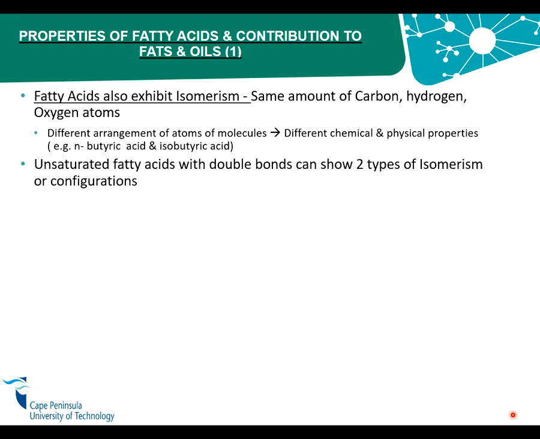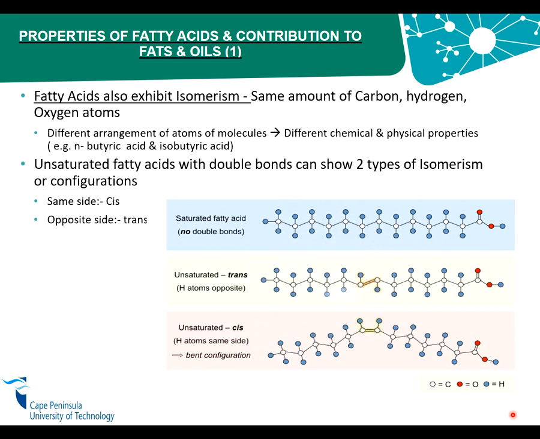Unsaturated fatty acids with double bonds can show two types of isomerism or configurations. If the hydrogens are on the same side, we call this a cis configuration, and if they are on the opposite side, we call that a trans configuration. So let us look at this. Look at the blue ones as the hydrogen atoms, this one as the carbon atoms, and the red as oxygen atoms.